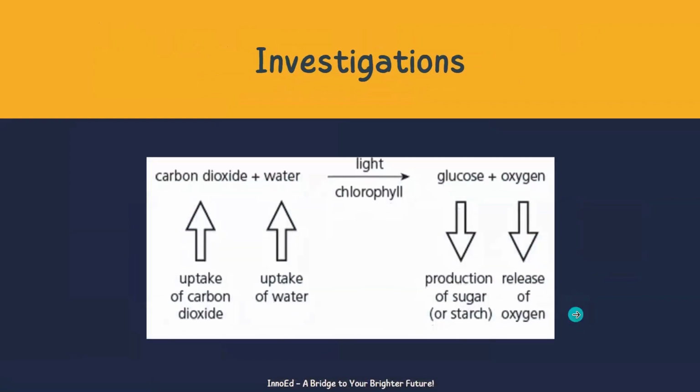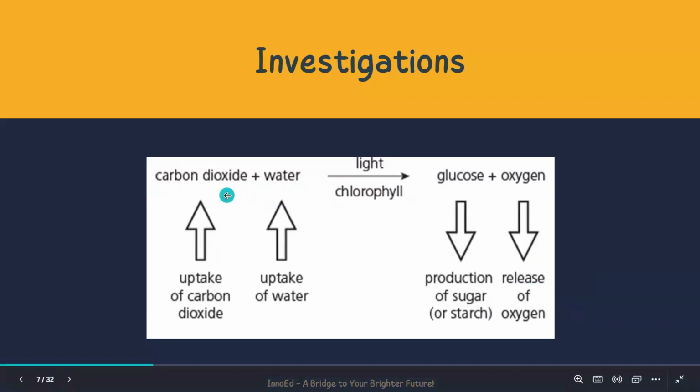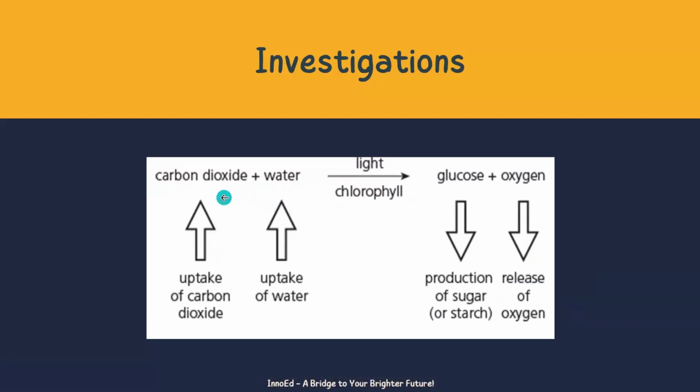Now, let's look at the investigation part of this chapter. Before we move on, you have to understand this concept. When photosynthesis occurs, it uses up the carbon dioxide from the surrounding. There will be less carbon dioxide in the surrounding, such as the atmosphere. And also it takes up the water from the surrounding, for example, from soil.